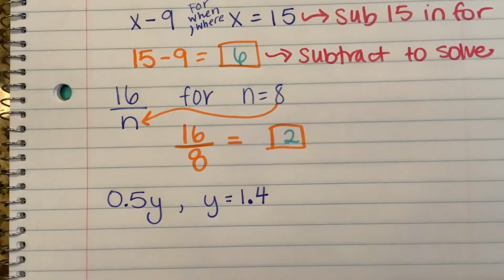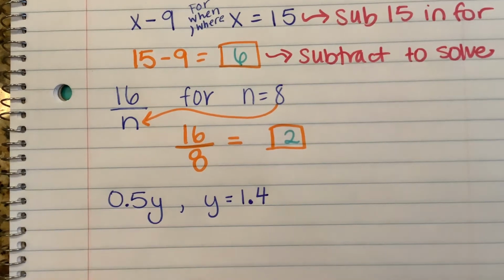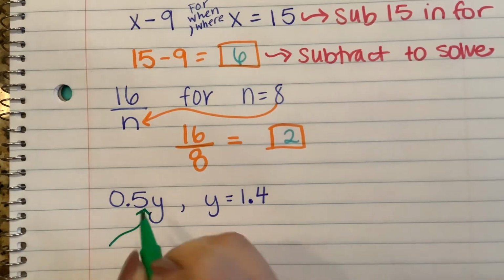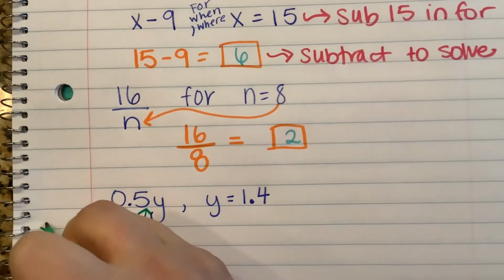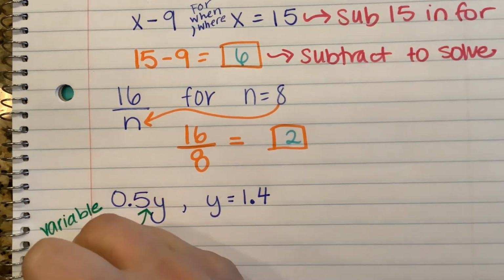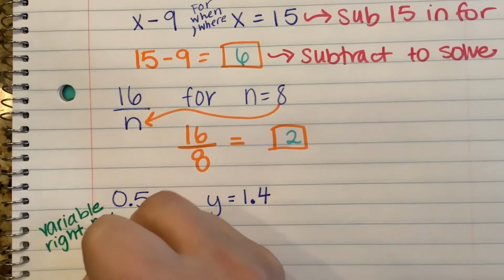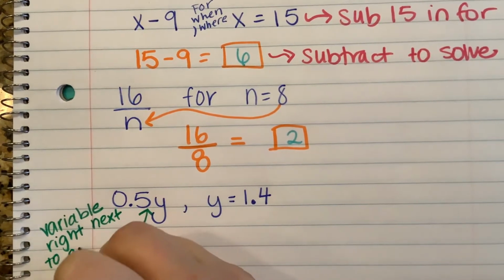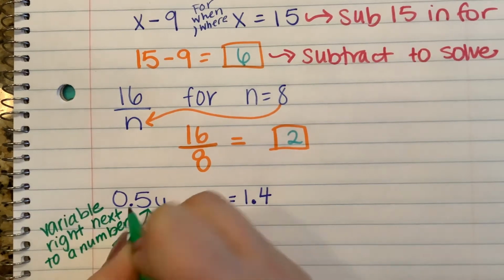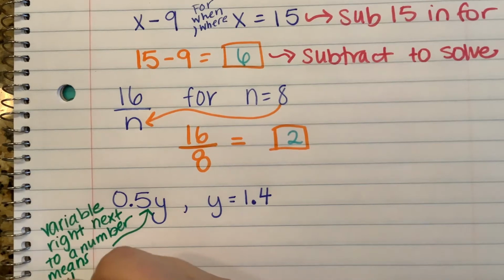Now, yesterday we spoke about when you see a variable right up against a number, or decimal in this case, that is telling us that the operation is multiplication. So let's add that in our notes again. Variable right next to the number, it's like its partner, and that means to multiply. Our operation is multiplication.